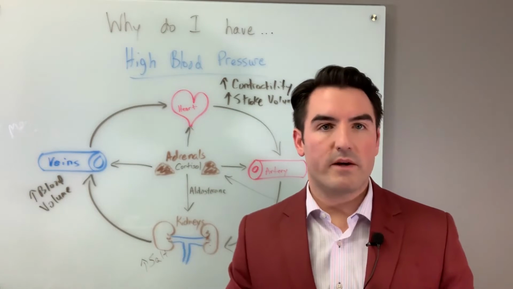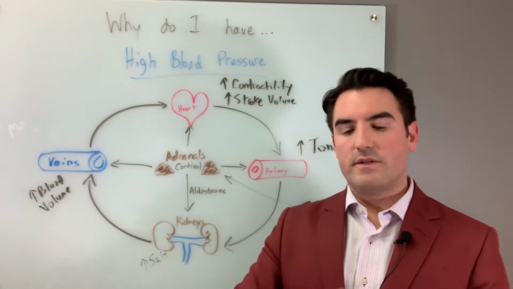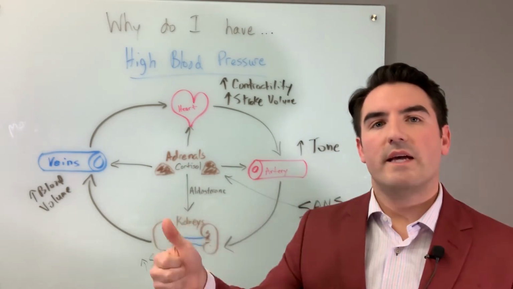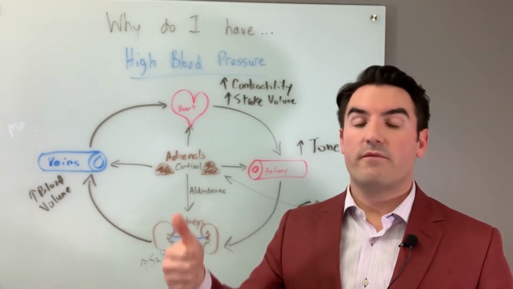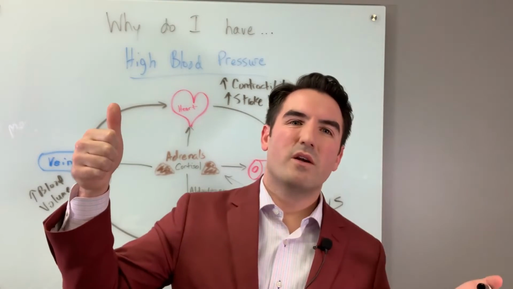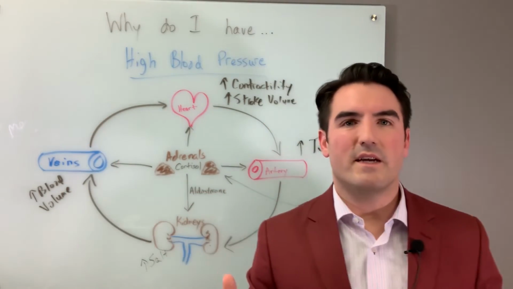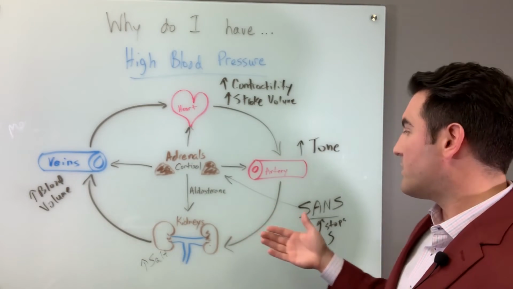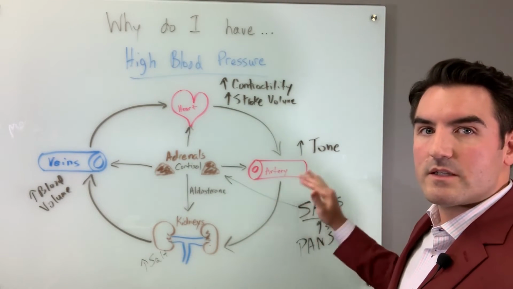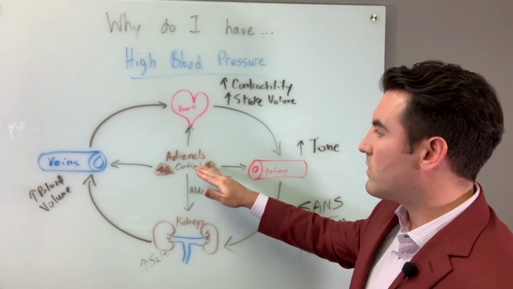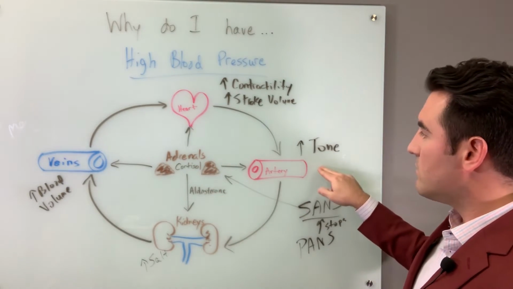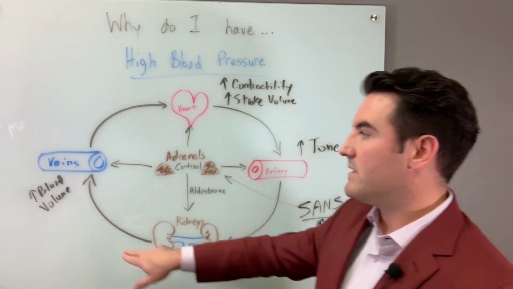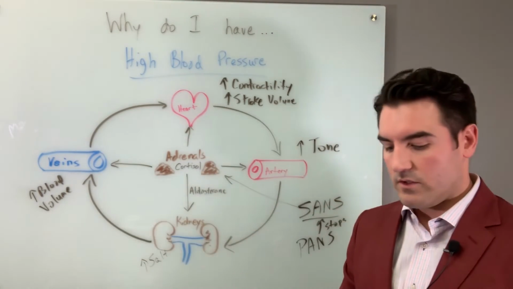So in our typical American lifestyles of drinking too much coffee, smoking too many cigarettes, working too many hours, not sleeping enough, we're constantly activating our sympathetic nervous system, our fight or flight system, and really we're turning off our parasympathetic, our rest and digest system. And what you can see here, that's one of the main culprits in high blood pressure. Too much stimulation to the sympathetic nervous system, too much cortisol, too much aldosterone, too much artery tone, too much heart volume, too much salt intake by the kidneys, too much blood volume, and this cycle goes on.